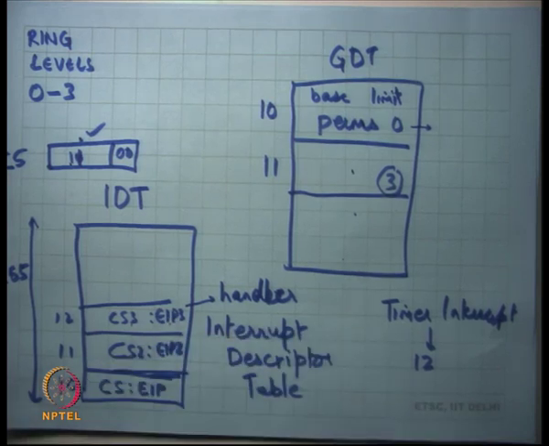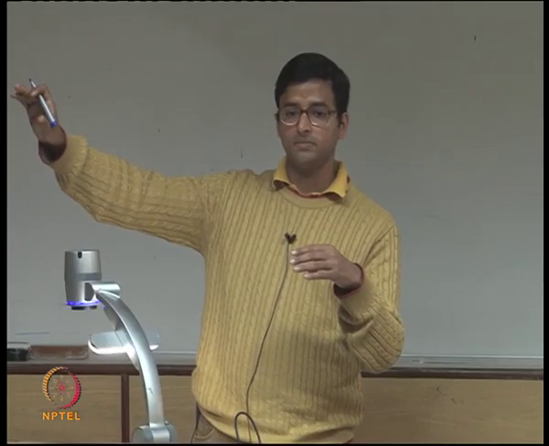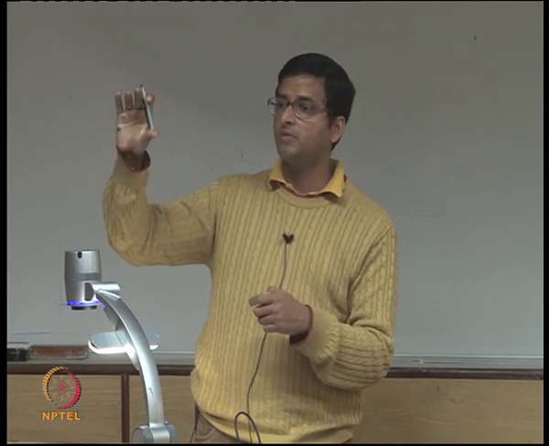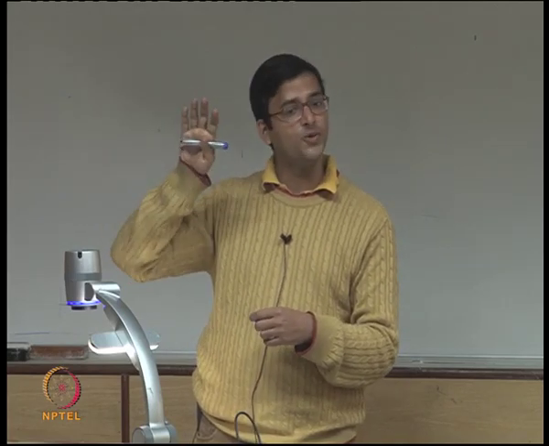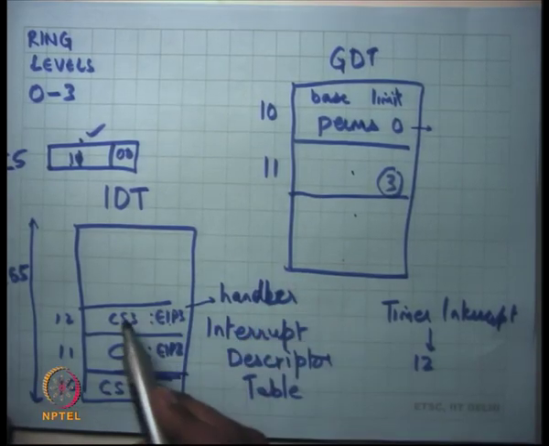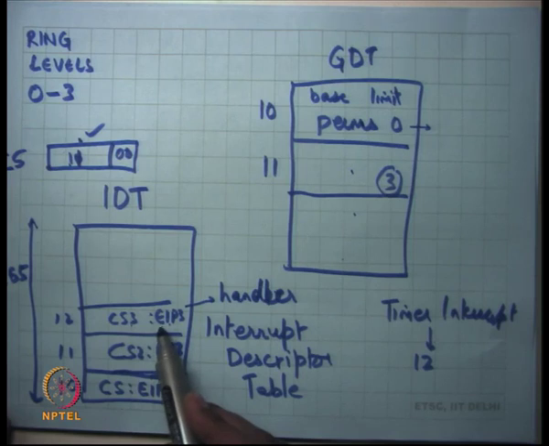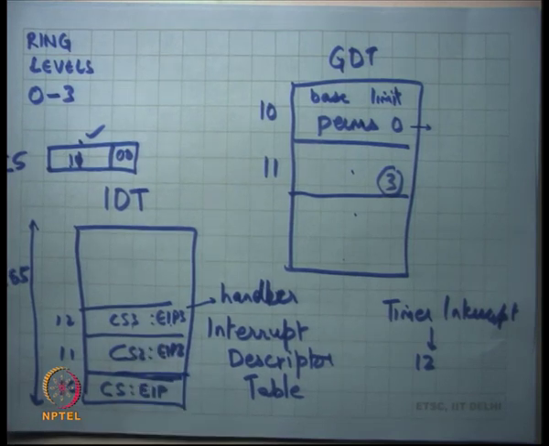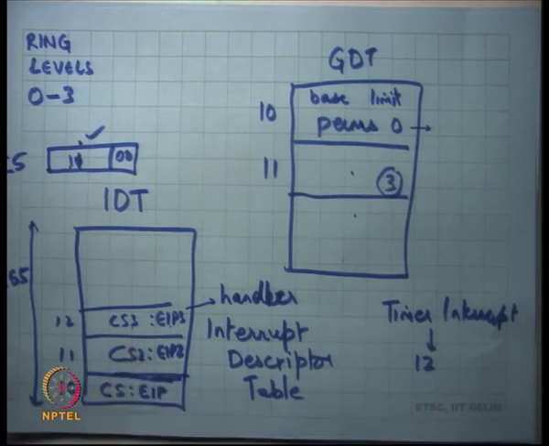So the OS will typically install a timer interrupt handler. The timer interrupt handler's code will live in the OS address space. It will set up the interrupt descriptor table in such a way that the handler of the timer interrupt points to the handler in the OS address space, and irrespective of what I am executing, as soon as the timer interrupt occurs, the processor is going to switch to this code segment, which is most likely a privileged code segment, and it will start executing in OS mode.